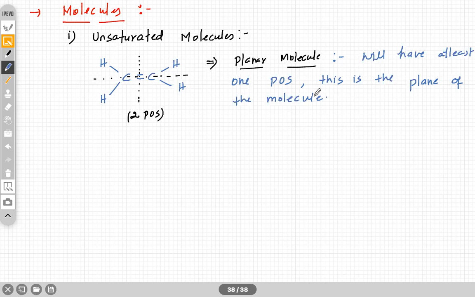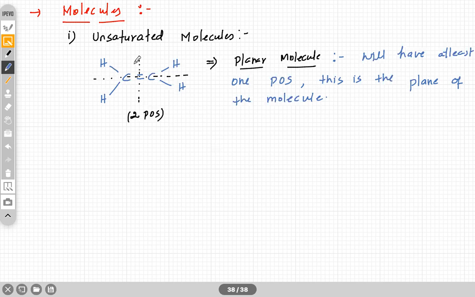Correct? That is always true. At least one POS will be there. Right? Others we can think of, but one is always along the plane of the molecule. Right? Half part will be on the back side, half part on the front side towards you. Right? That's how we have it. So this is the planar molecule.